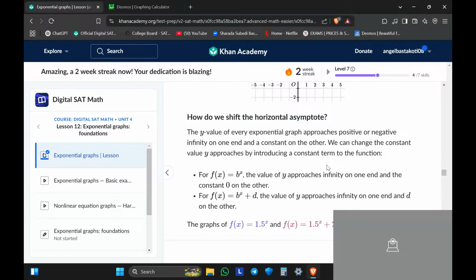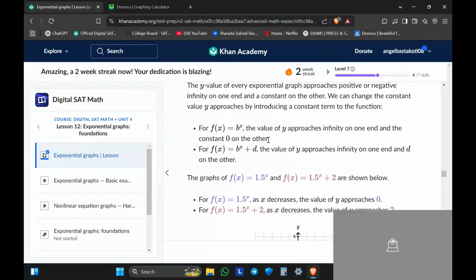The y value approaches infinity on one end and the constant zero on the other.